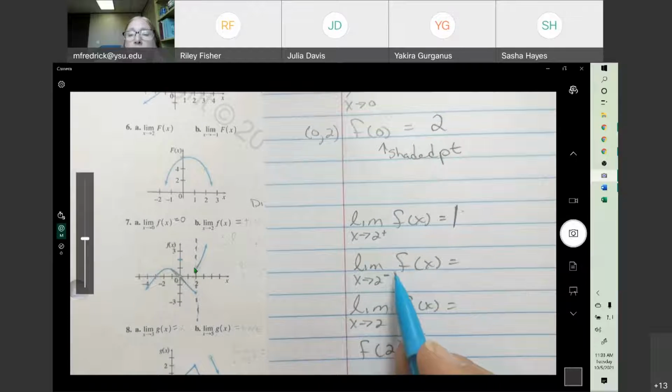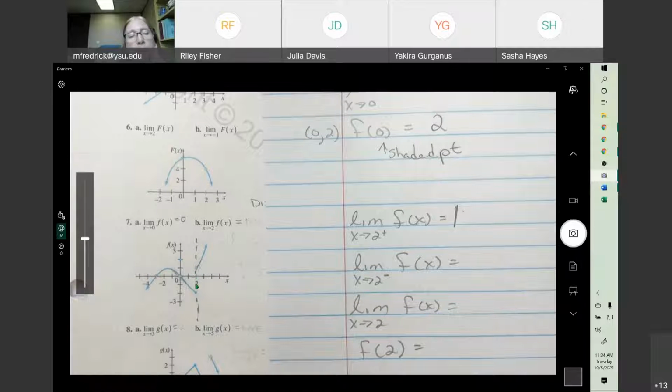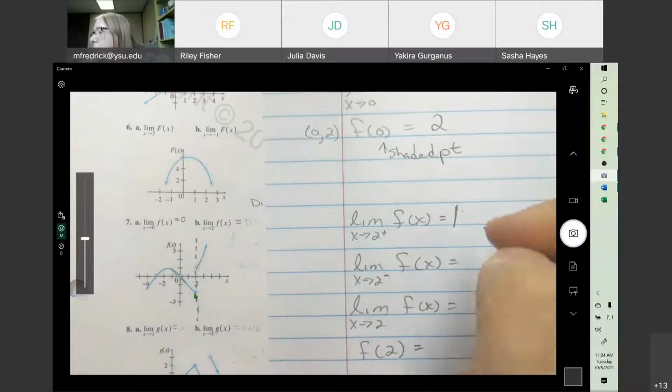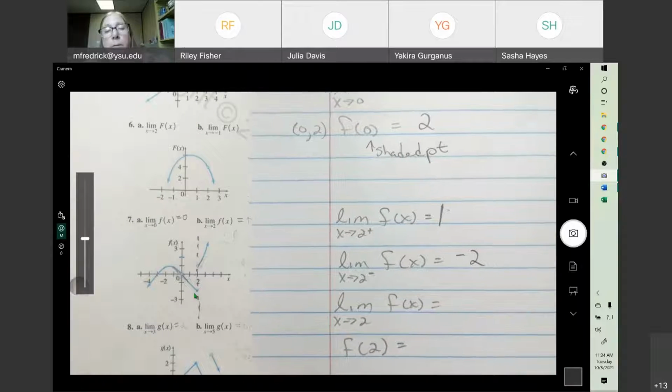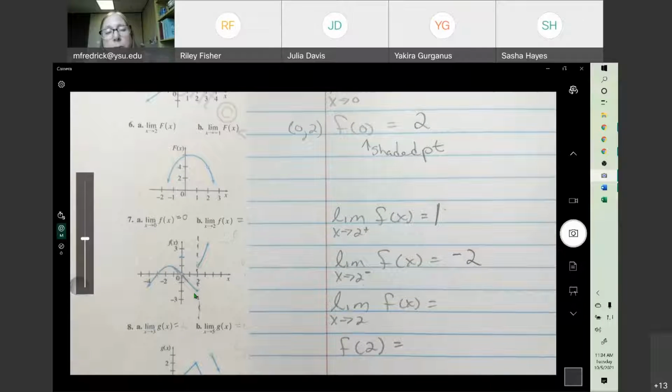So then this one is a little bit smaller, or on the left side. So start at 2 and go a little bit smaller, or on the left. My graph's down here. There's no graph over here on this side of the line. It's down here. And so it's getting close to the point 2, -2, and you use the y value, so it's -2. Any questions?